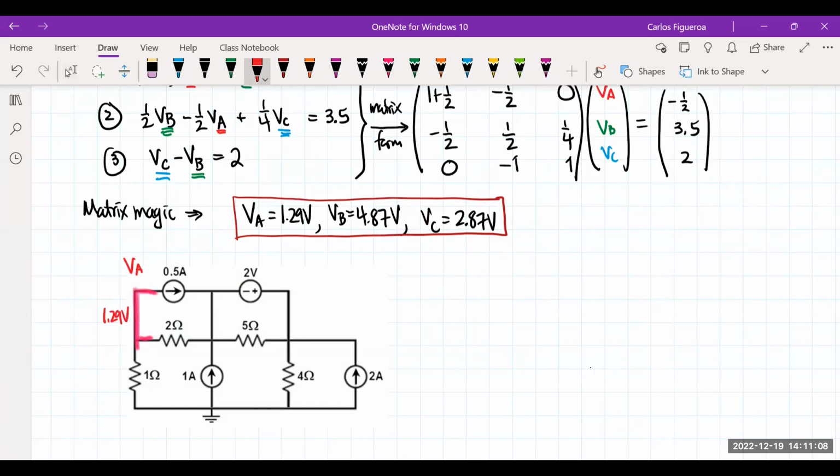Then I have VB, and if I look at VB, we know that that node is 4.87 volts. And then we have VC, and that tells us that this is VC, and this guy is 2.87 volts. And of course, the bottom is the ground.